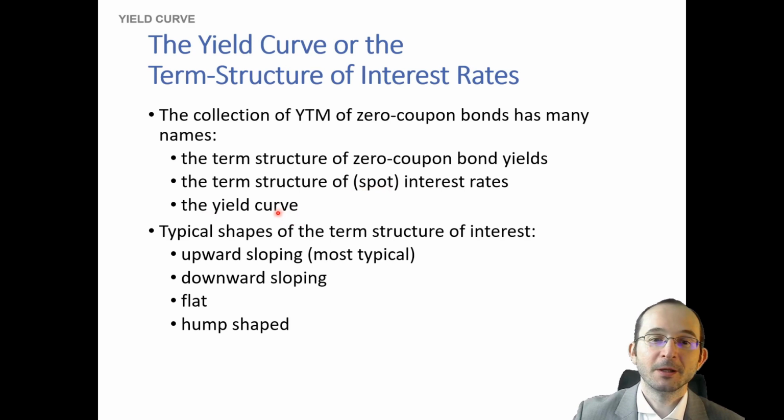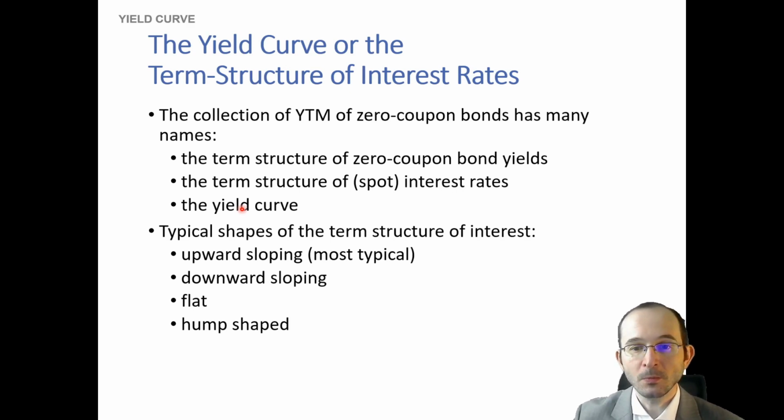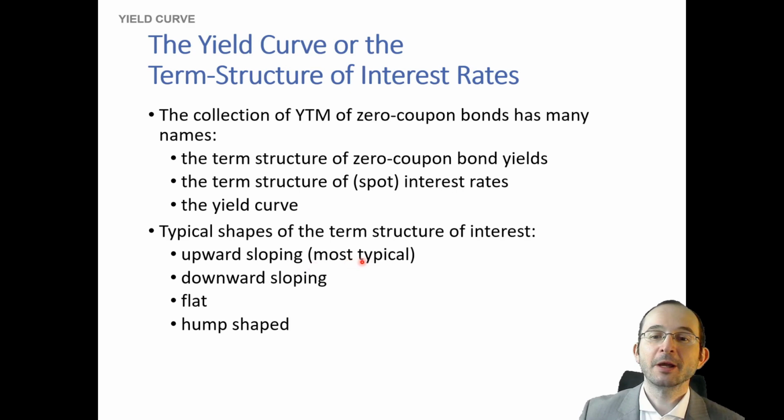And historically, if we think about the shape of this yield curve, because we can literally plot this out, as we'll see on the next slide, we can literally plot what the yield relative to maturity is. Most often we'll actually see an upward slope, which is to say the longer the maturity, the higher the yield.